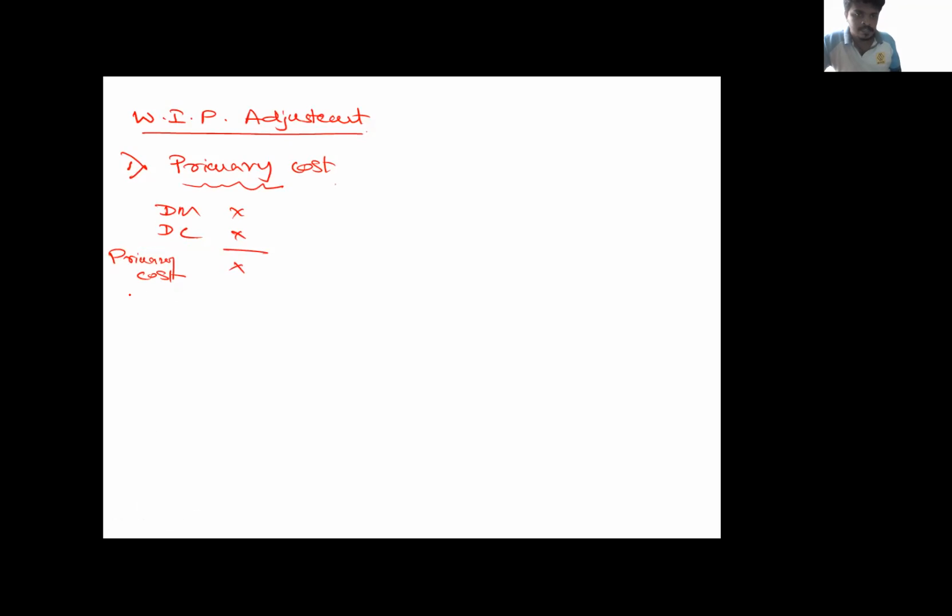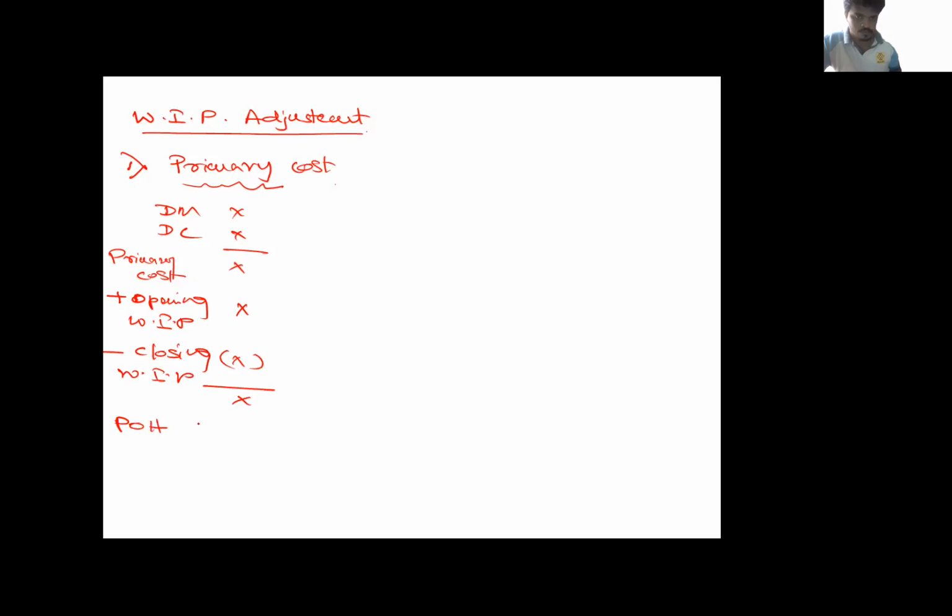Okay, then as I explained to you, we need to add opening WIP and we need to deduct closing WIP. Then we can get the balance and we can adjust.